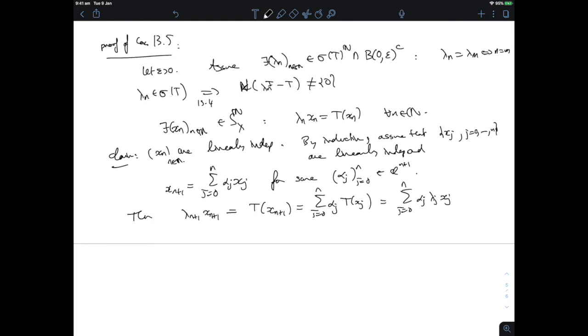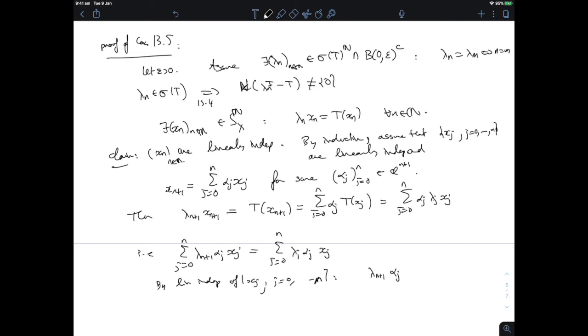Okay, but so that is to say that lambda_{n+1} times this sum of alpha_j x_j, j equals 0 to n, is equal to this sum, j equals 0 to n, of lambda_j alpha_j x_j, and so by linear independence of the x_j up to n, I have that lambda_{n+1} alpha_j is equal to lambda_j alpha_j for all j.